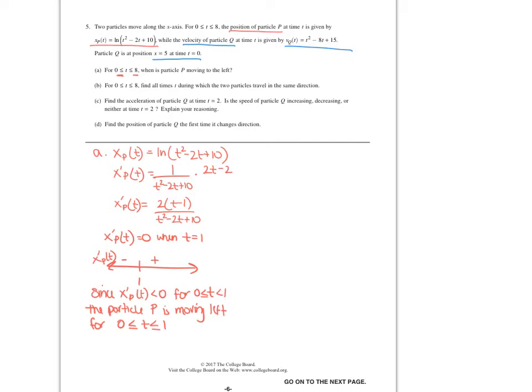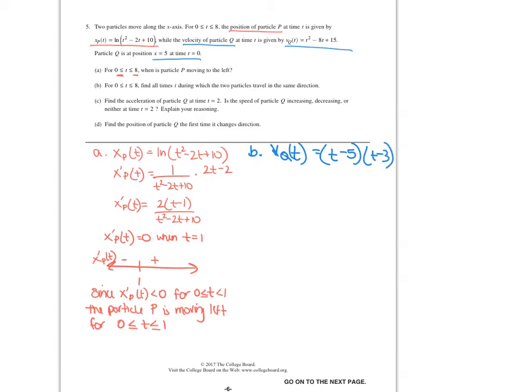So now what we're going to do is you're actually already given your velocity function for Q. And I am going to go ahead and factor that so I can find the critical values for the position function of particle Q. So we get t minus 5, t minus 3.